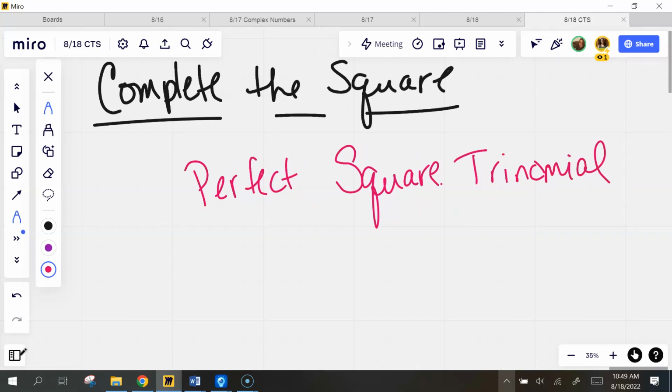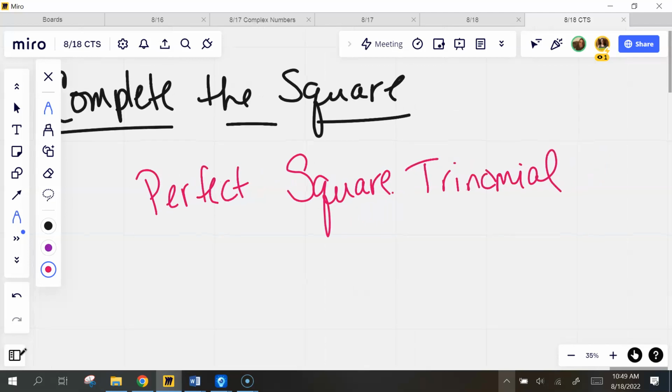Remember I told you that there was this special pattern, this perfect square trinomial, and it would benefit you to learn it then, but you didn't necessarily have to. You could group, but there'd come a point in time where you'd have to be able to do perfect square trinomial. Welcome to that time. Just to refresh your memory, this is the one where the ends are perfect squares.